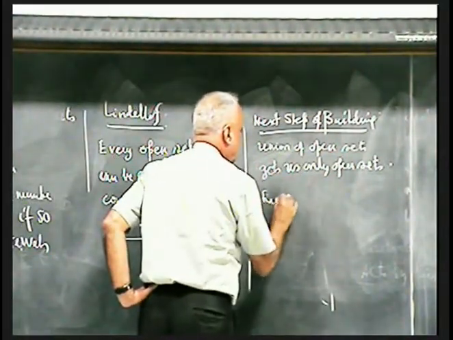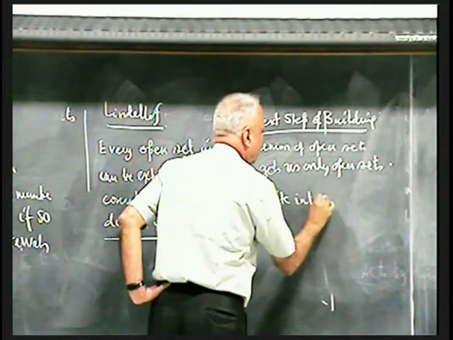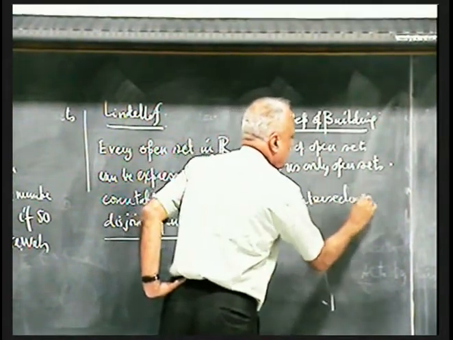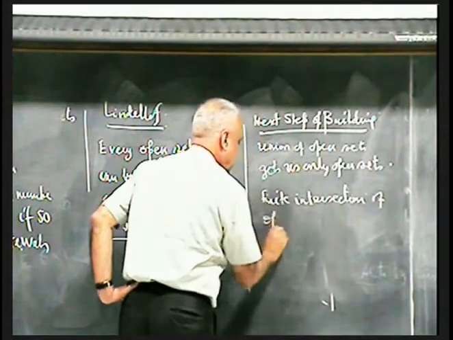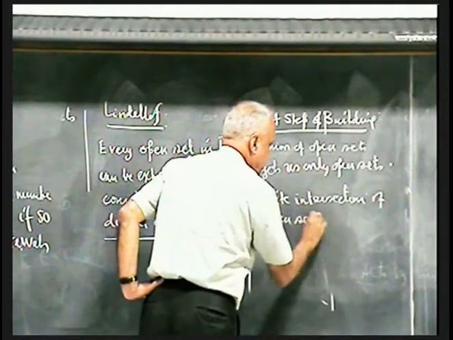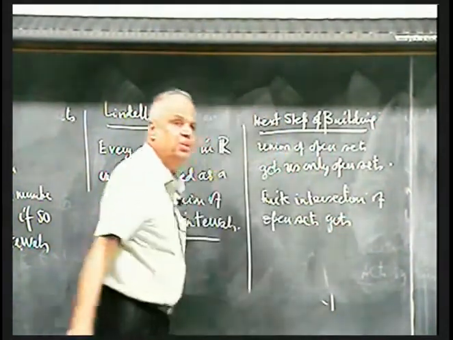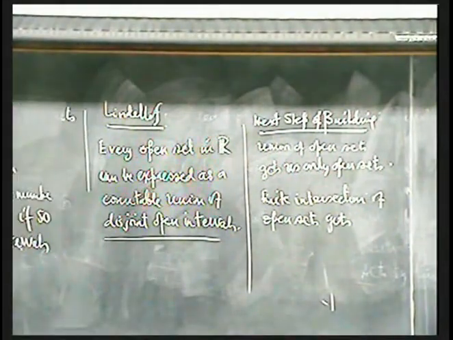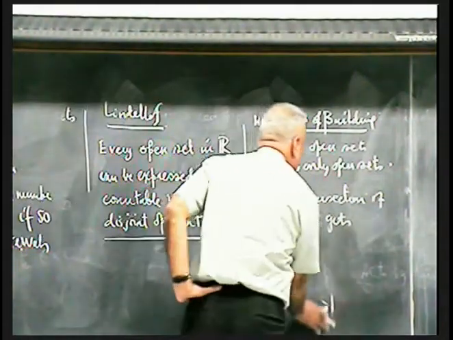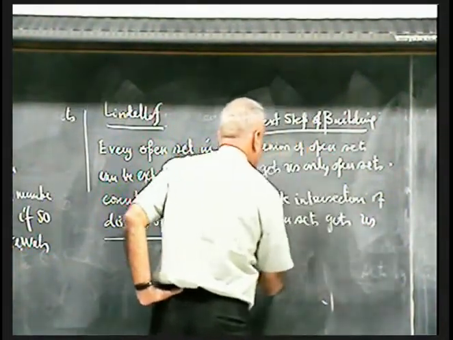Finite intersection of open sets, eventually we'll get to some sets which are very familiar and are a bugbear many times if you have not seen them. Open set gets us only to open sets.